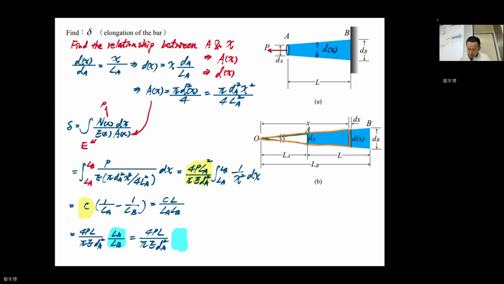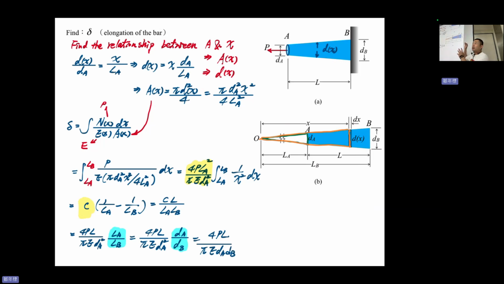Luckily, so we don't know LA and LB, but we know the ratio. Their ratio should be equal to dA over dB, and both of them are known. So 4PL divided by pi e dA dB. So this is the answer.